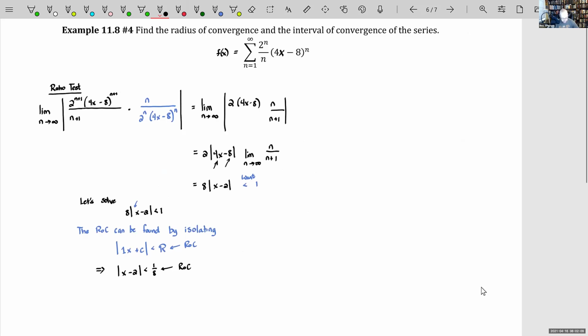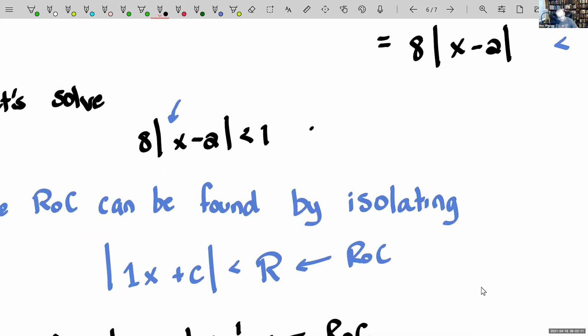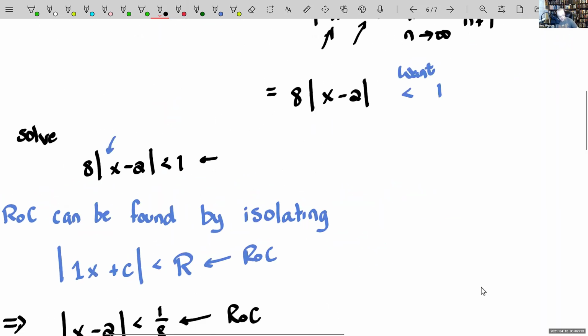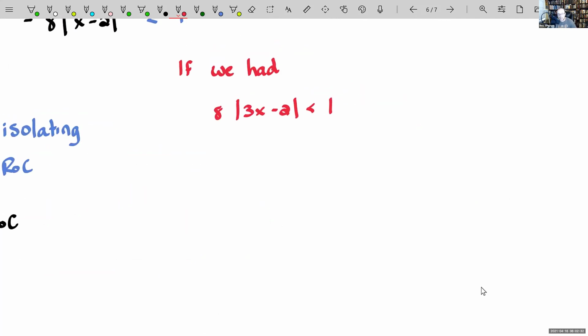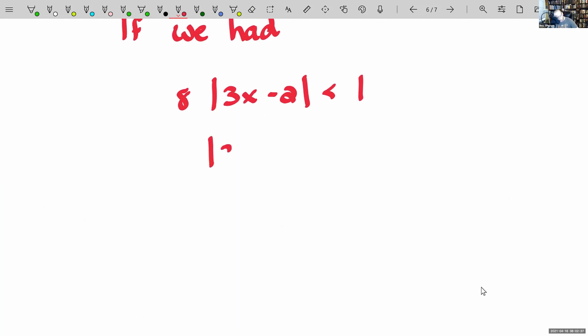However, if the coefficient of x on this statement right here, and I'm going to write this in red ink, if we had, let's just pretend, the absolute value of 3x minus 2 times 8 is less than 1. We don't have that, but if it was like that, when you divide both sides by 8, you'd get this.